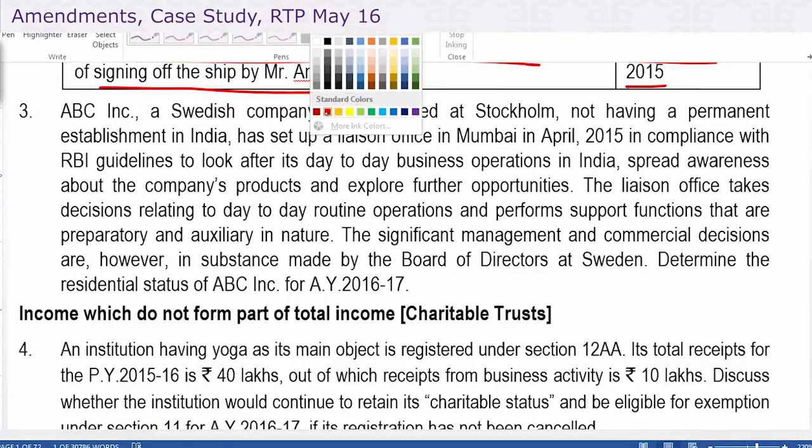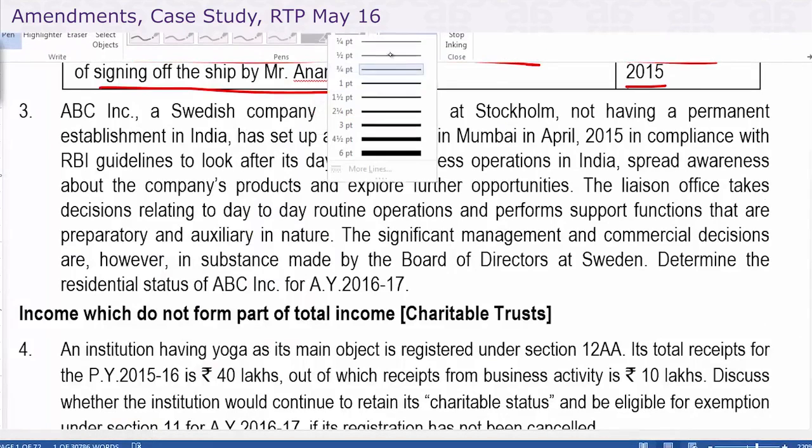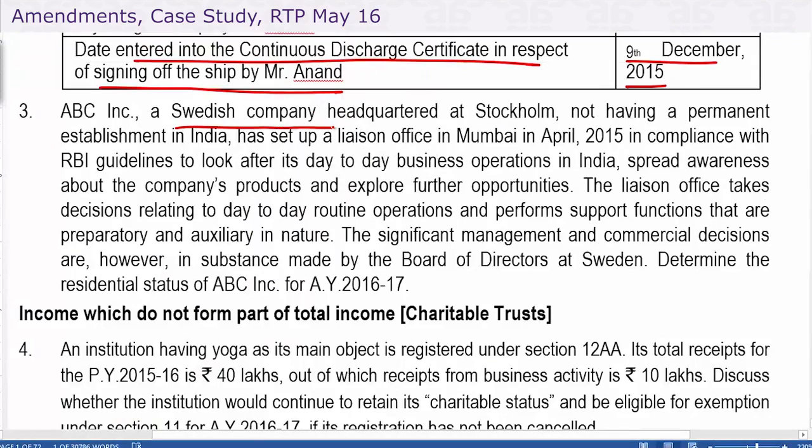Now he's talking about a Swedish company, which means it's a foreign company, headquartered in Stockholm, not having a permanent establishment in India, has set up a liaison office in Mumbai in April 15 in compliance with RBI guidelines to look after its day-to-day business operations in India.